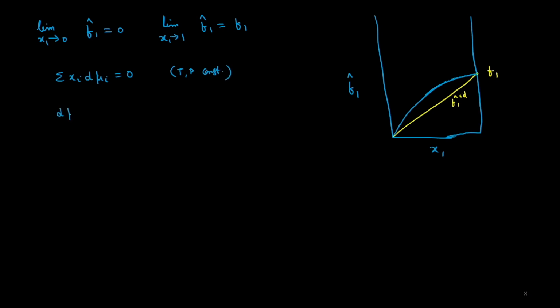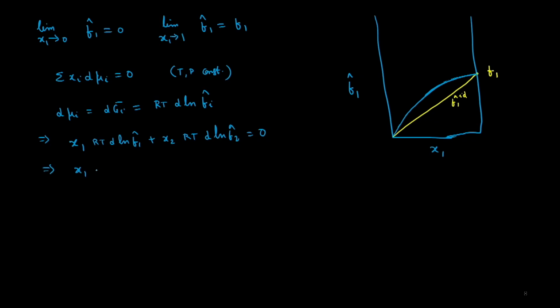Since d mu_i is d g_i bar, mu_i and g_i bar are the same, it is RT d ln f_i hat. What this means in a binary system is x_1 RT d ln f_1 hat plus x_2 RT d ln f_2 hat should be equal to 0. We can get rid of RT.